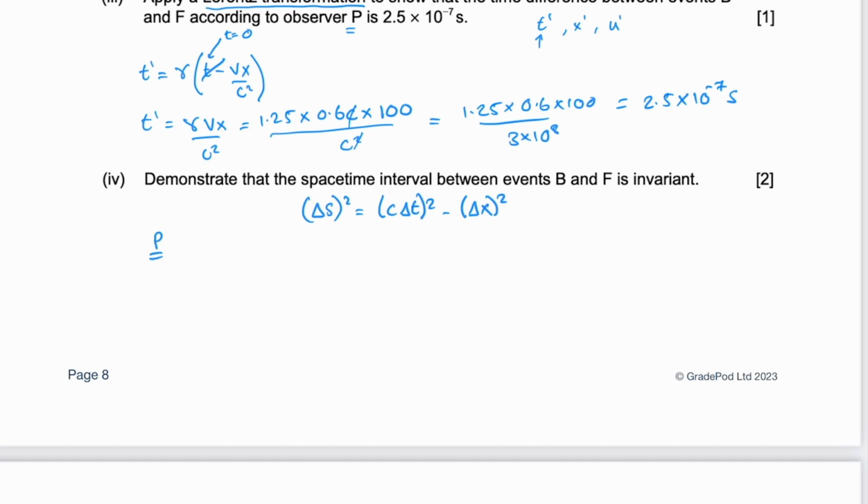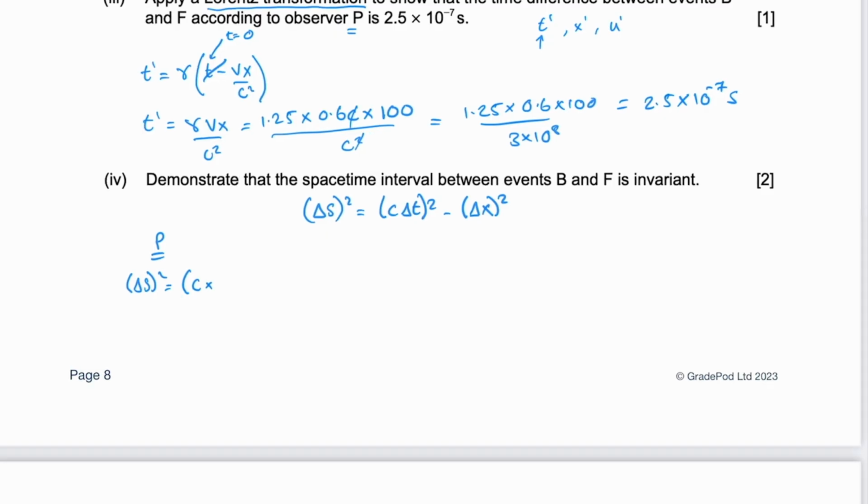So for observer P, we have delta s squared equals c times, and we've just calculated the time interval in observer P, that is 2.5 times 10 to the minus 7, all squared, minus the length from observer P, which is 125 squared. That gives us a value of 10,000.